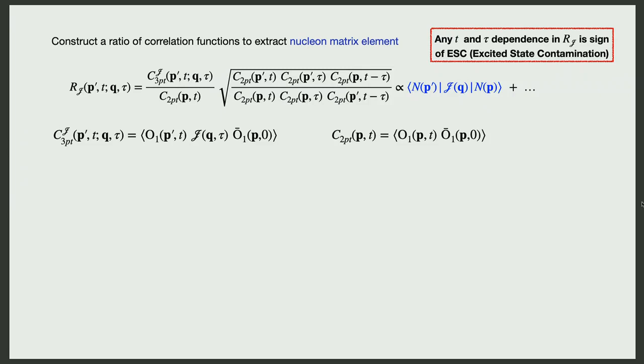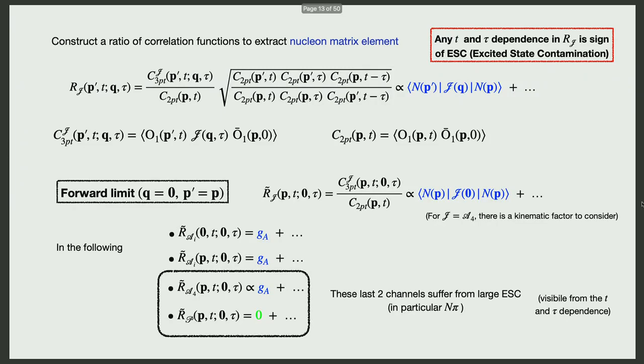The easiest, the clearest channel is the forward limit, where q is equal to 0, and you can have p' equal p. So nucleon operators with momentum, which can be 0 or non-zero. In particular, the expression for the ratio is simplified. We only need this ratio here. And one can extract the axial charge gA from different channels and check whether all these channels agree or not.